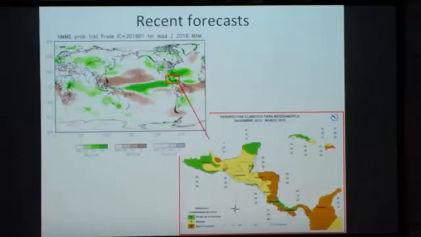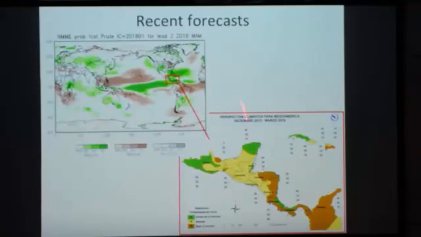But if you take a more regional perspective, you can see that there's quite a bit of regional structure. I apologize that not more of Mexico is shown, but certainly in Central America into Colombia, this prediction, and I don't remember what the source of this is, is suggesting drier than normal conditions from December through March, maybe wetter than normal conditions in the Yucatan, which might be more in line with what this global numerical weather prediction model is suggesting.